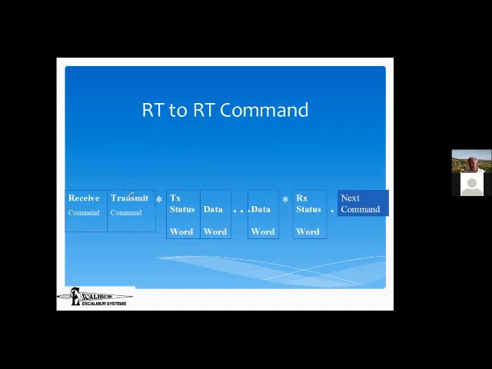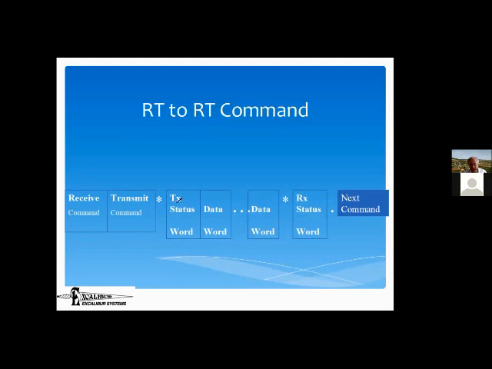But he doesn't remember that there was another command there. So as far as he's concerned, this is a standard transmit command, and he does what he would do if it were a regular transmit command directly from the bus controller. He sends the status and the data. The receiving RT does have to know, because it's unusual: normally the RT status is going to come after a command word and all the data.